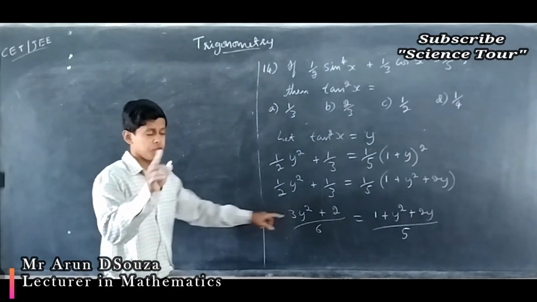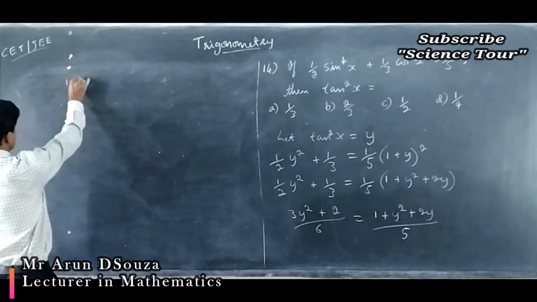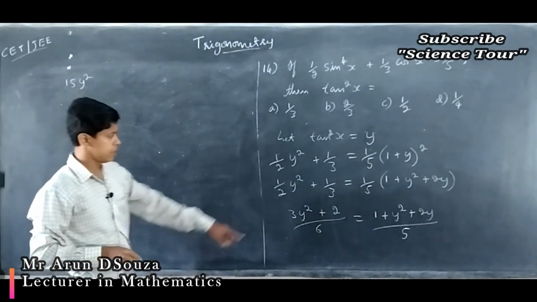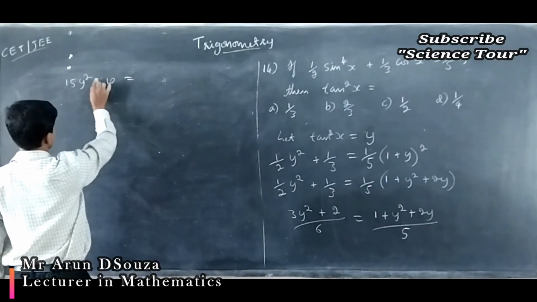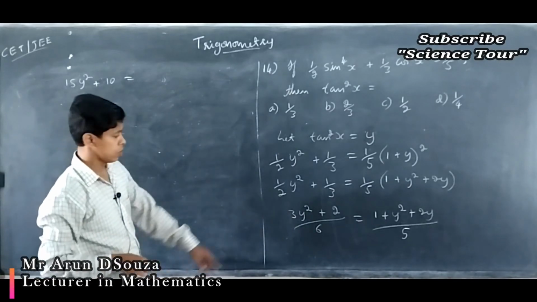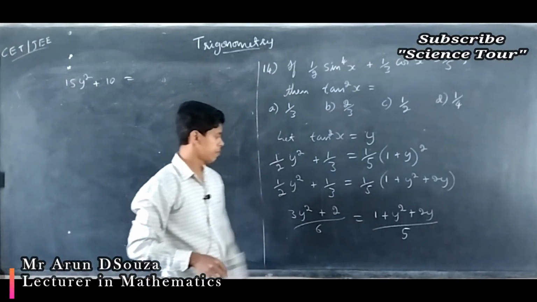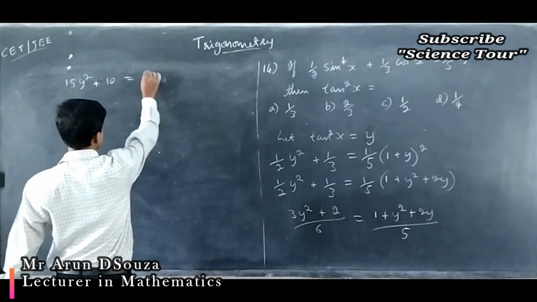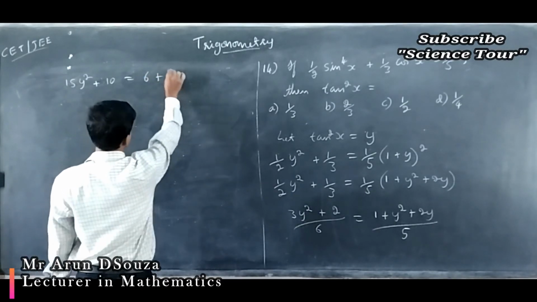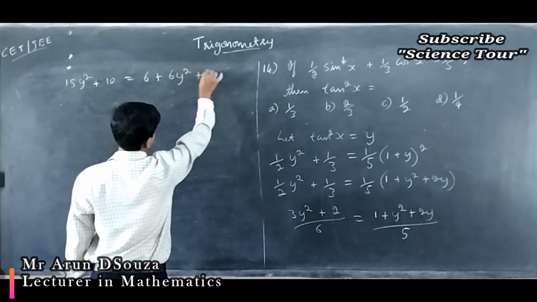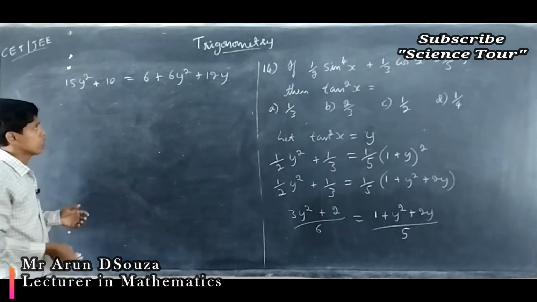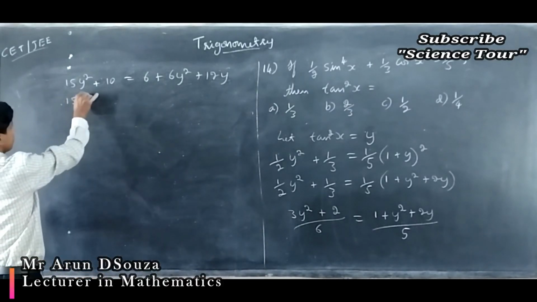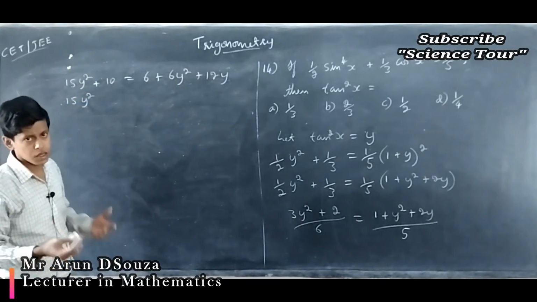This will be 15y square plus 10, which is equal to, I should multiply this 6 over here, so that will be 6 plus 6y square plus 12y. Alright, now get everything to one side and factorize the quadratic equation.